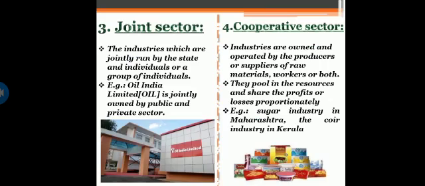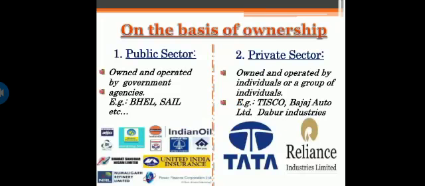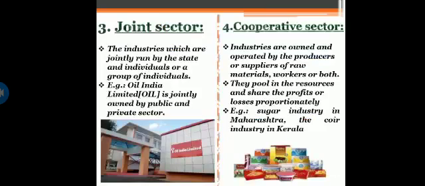They pool in the resources and share the profits or losses proportionately. For example, the sugar industry in Maharashtra, the coir industry in Kerala. Visakha Dairy is an example of the cooperative sector. Girijan Cooperative Society is an example of the cooperative sector. These are about the public sector, private sector, joint sector, cooperative sector.